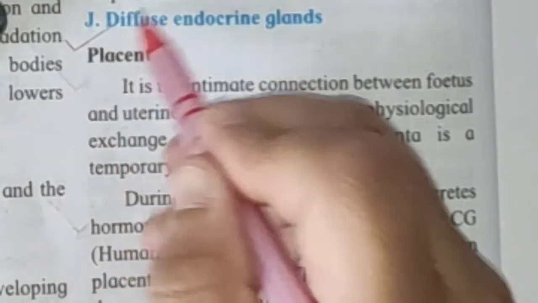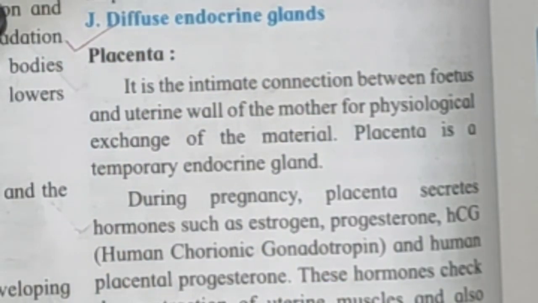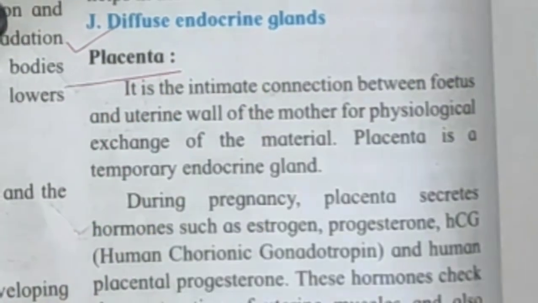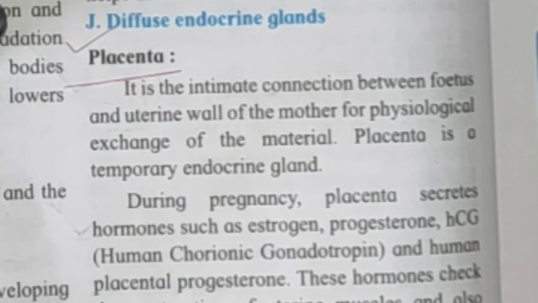Now we will see the diffuse endocrine glands. These diffuse endocrine glands include the placenta. We have already seen the placenta in a previous chapter. That is, it is a particular layer or connection between the fetus and the uterine wall.